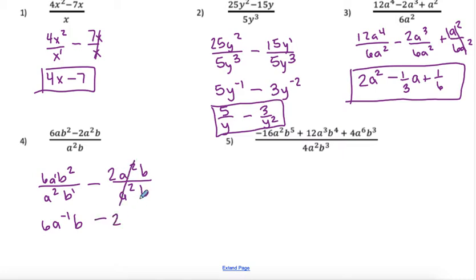A squared divided by itself divides to 1 and cancels. B divided by itself divides to 1 and cancels, leaving me with 2. I don't want to leave this as the negative exponent, so I will move it to the denominator with a positive 2. And I don't want that to look like a number, that's a. Giving me my solution here after my division.